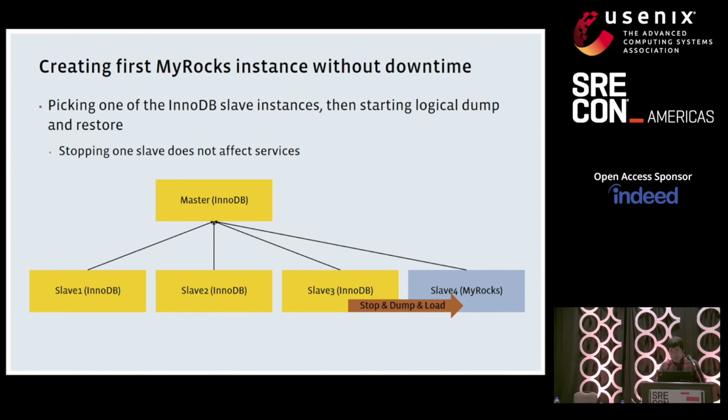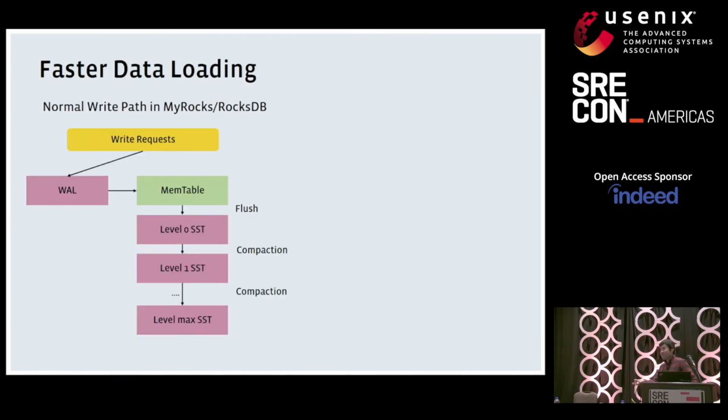This was a relatively easy step, but the more interesting challenge was how fast we could create the MyRocks instance, because you need to dump terabytes of data and then load it into MyRocks. This is a brief overview of the normal write path in MyRocks and RocksDB.